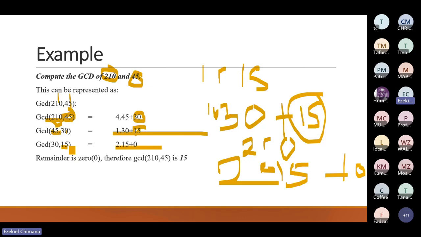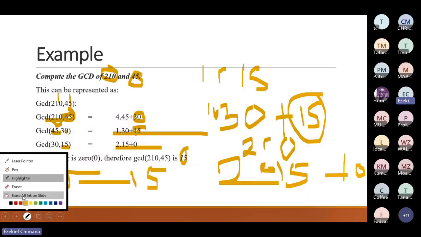So you report this 15 as your GCD. So our G, the greatest common divisor, is now equal to 15. The GCD of these two numbers that we are given is 15.